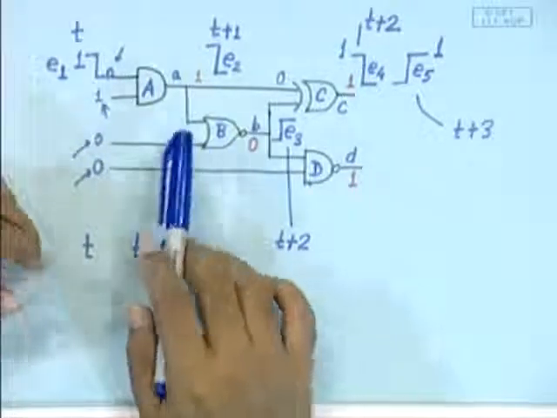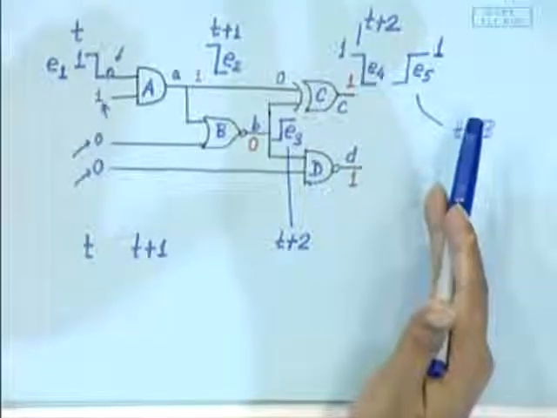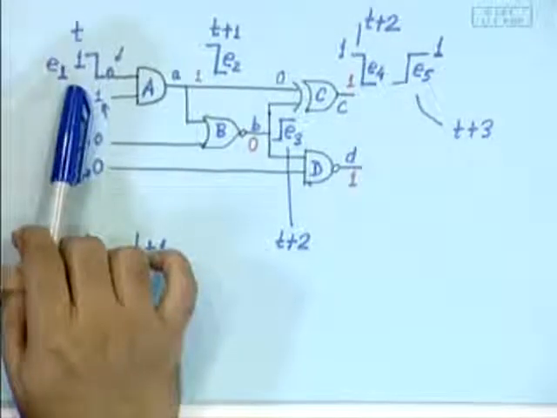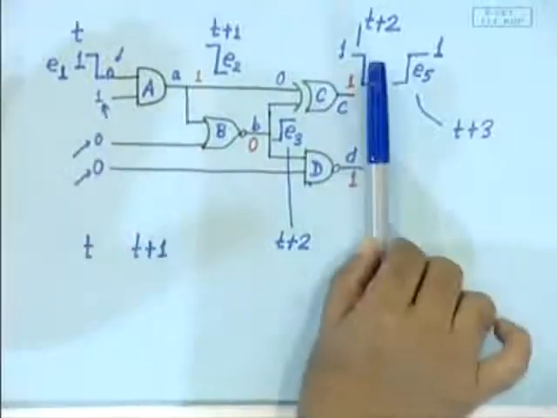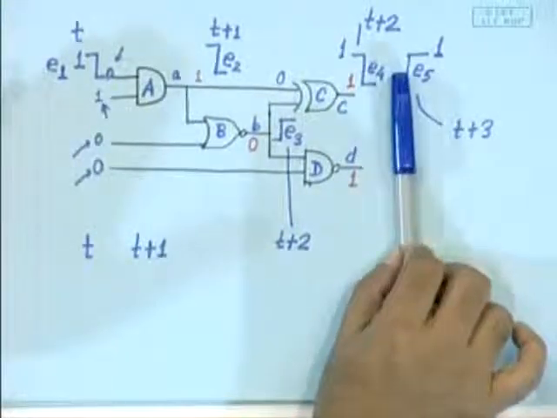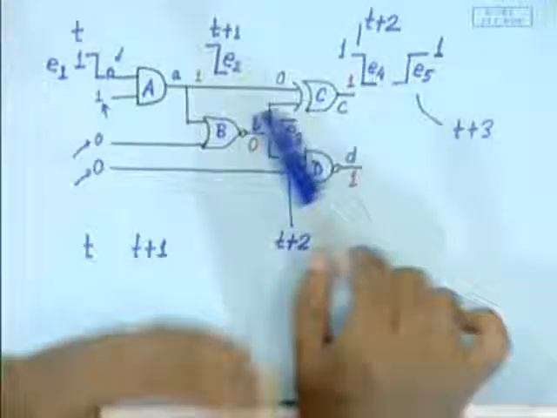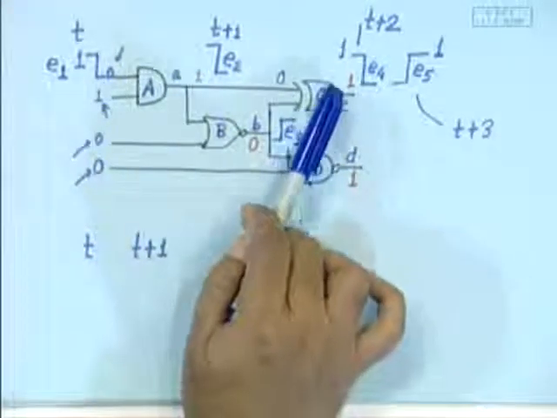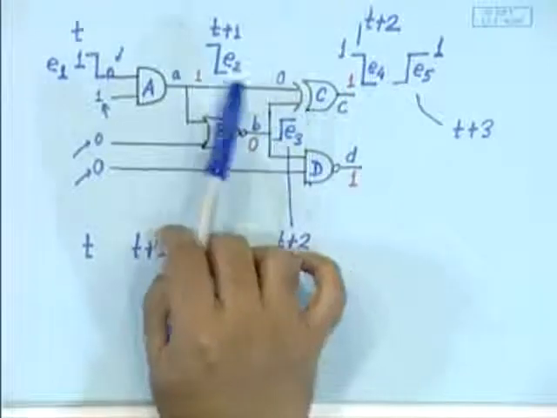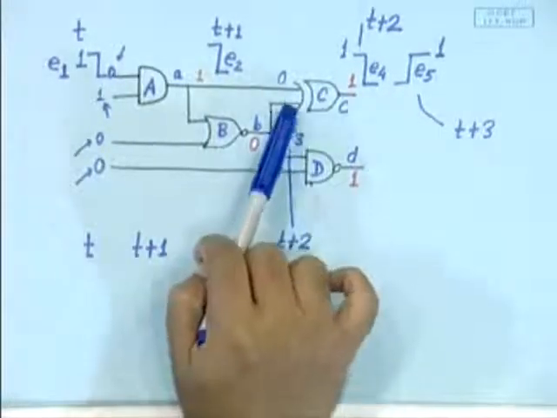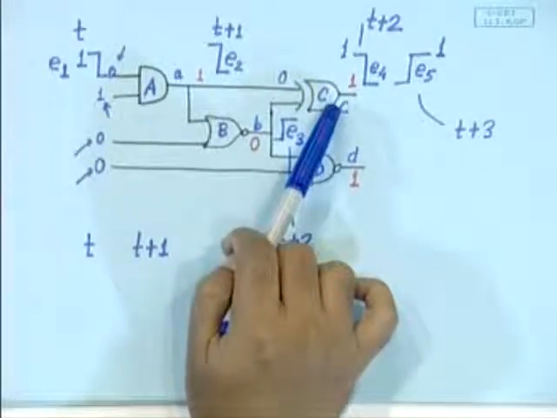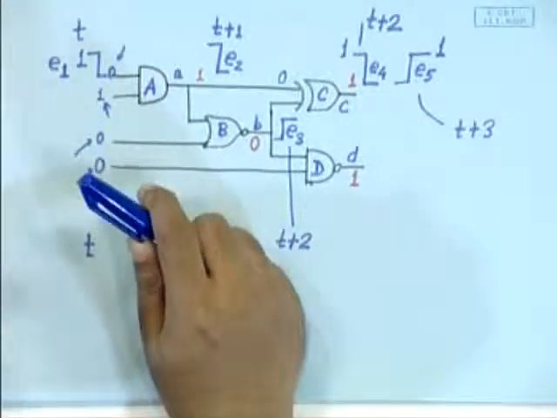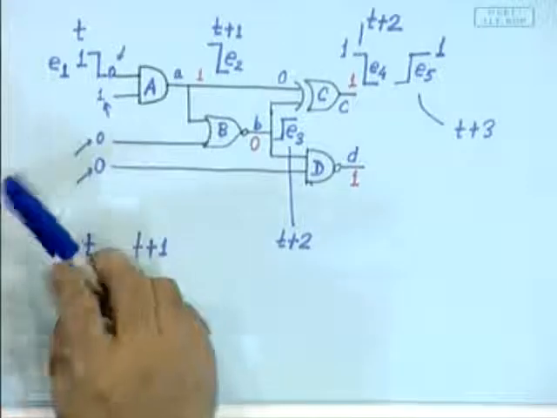But if you just want the steady state value at the end of it, assuming that this is the change which took place in one clock cycle, you want to find out what are the values of C and D at the end of the clock cycle, then you do not need to do all this propagation of events, right. And the gate C, which was simulated twice, once for propagating E2 and then again for propagating E3, will be simulated only once in a cycle simulator, right. Is that clear?